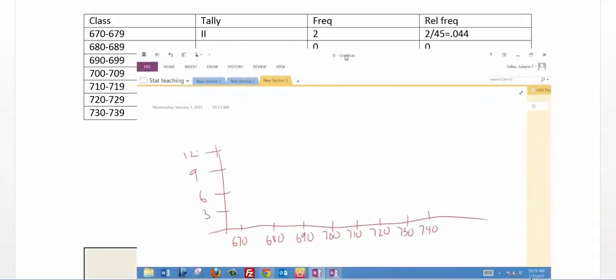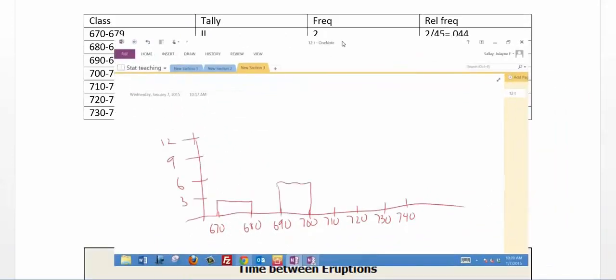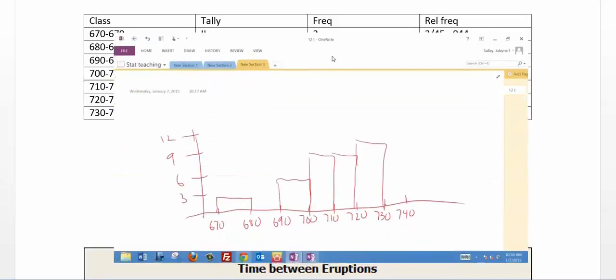So 207. And then 7. Okay, so that would be what our histogram looks like.